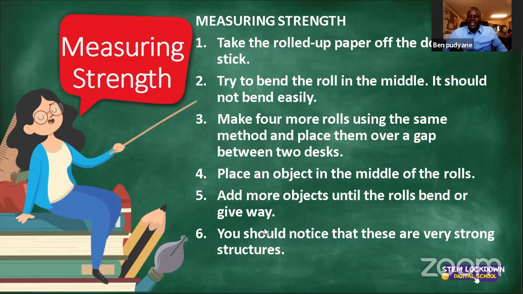It should not bend easily. Now, as I'm holding this thing, I'm going to try to bend it in the middle. I don't know, something wrong happened, but it will be fine.